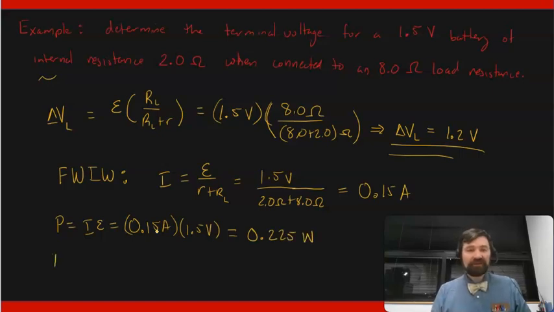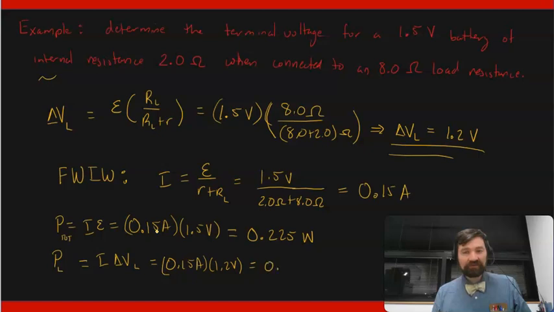The power that is actually being used, the useful power, is I times delta V load, and so that is 0.15 amps times 1.2 volts. That comes out to 0.18 watts. So we could call this the useful power.